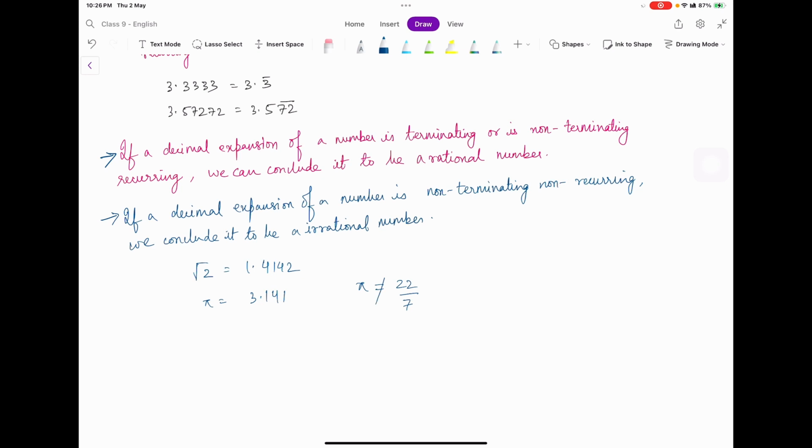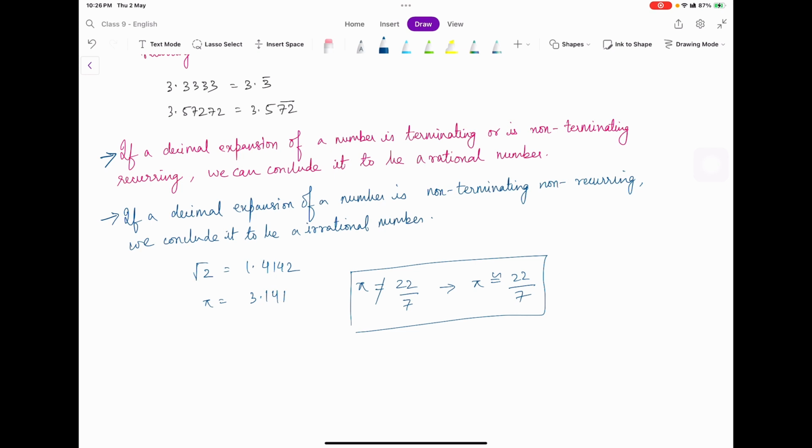Pi is approximately equal to 22 by 7. It is not equal to 22 by 7. To ease our calculation, we take pi as 22 by 7. Pi is an irrational number. If it was 22 by 7, it would have been a rational number. But it is an irrational number.